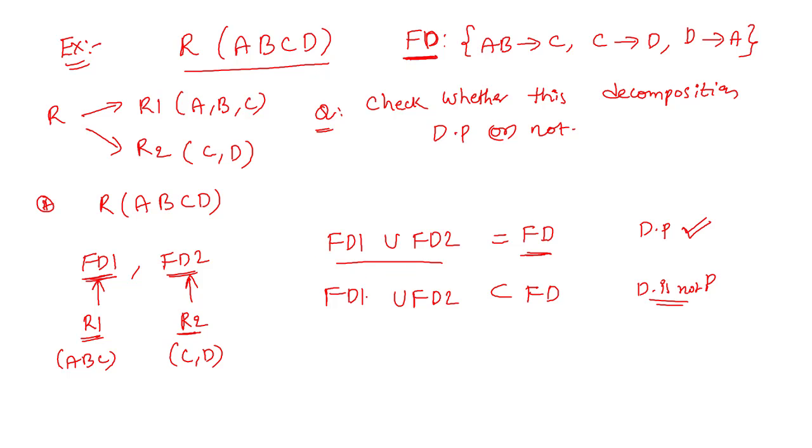Now the question is how we can compute this FD1, how we can compute FD2. So simple, this functional dependency set 1 is computed from R1, and we will take these functional dependencies to calculate the functional dependency set 1 and functional dependency set 2.